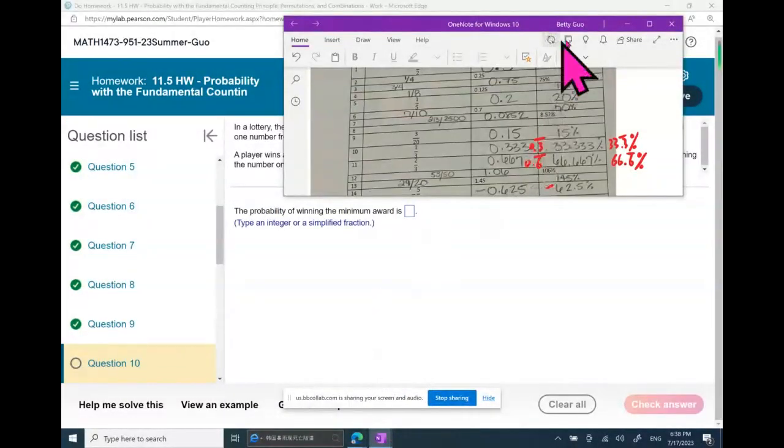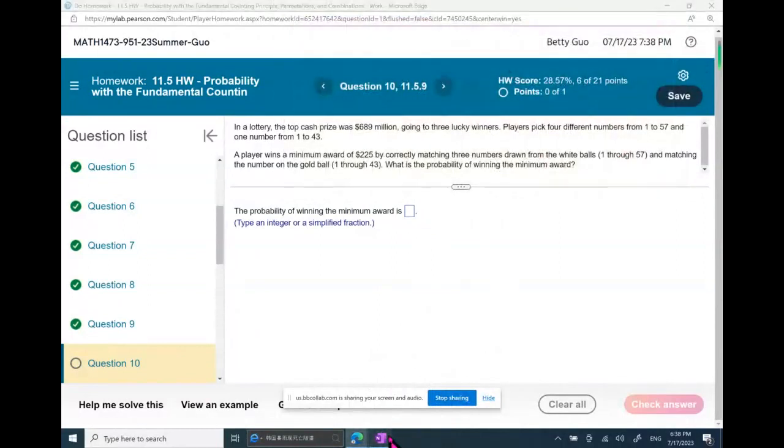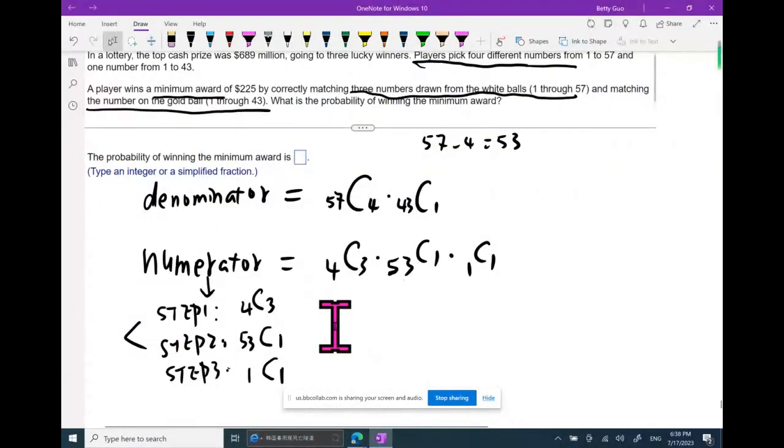First, you pick 3 matching numbers from the 4 matching numbers. Second, you pick the one wrong number, not matching, from the remaining 53 unmatching numbers, because you don't want to win the jackpot, you only want to win the minimum award, $225. And the third thing is you know which number is on the gold ball. You pick exactly that number, so C(1,1). So that's the numerator.